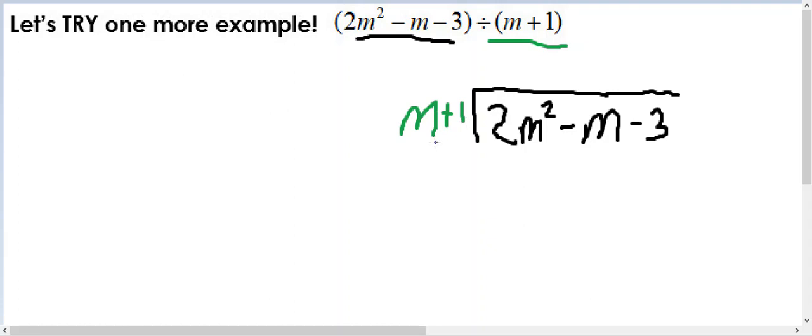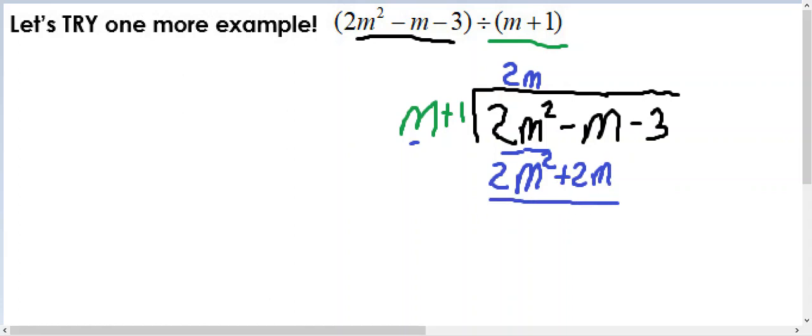Alright, so remember, I look at my first terms, m and 2m squared. I say, what times m will give me 2m squared? Well, I know 2m times m will give me 2m squared. I also have to multiply it by this 1, because 1's on the outside. So 2m times 1 is 2m.